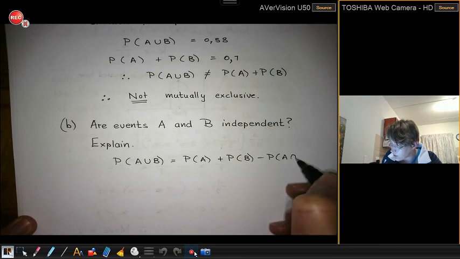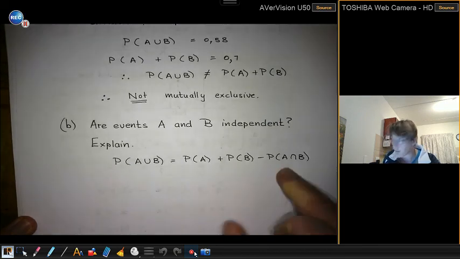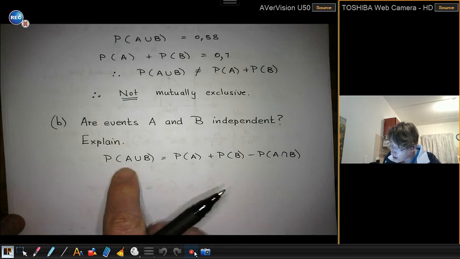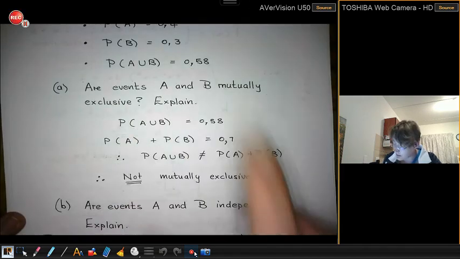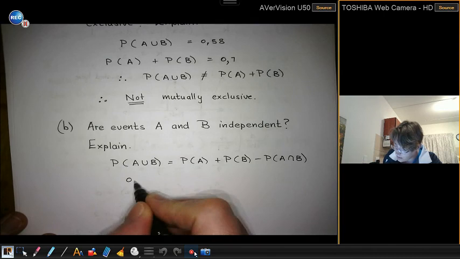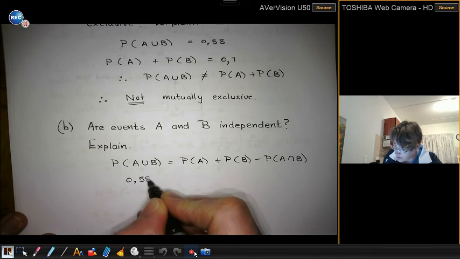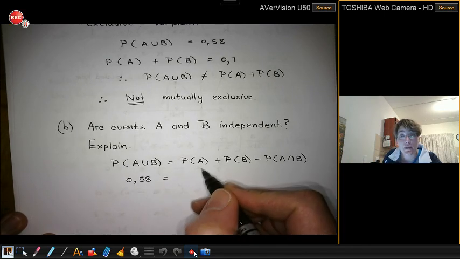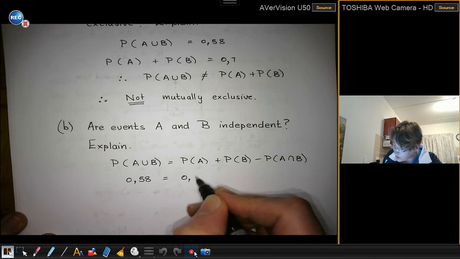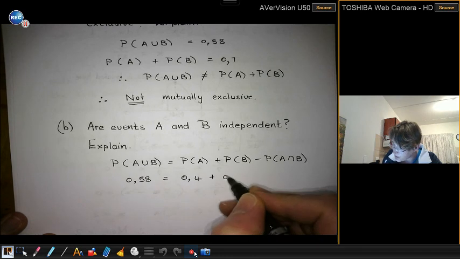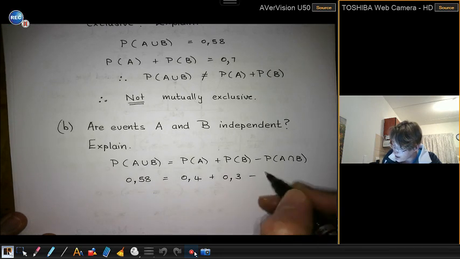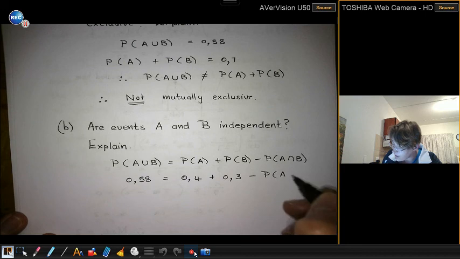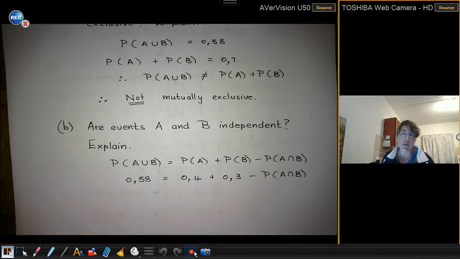So this is what I'm going to use to calculate that probability of A and B, because I've got the probability of A or B. It was given there as 0,58. Probability of A was given as 0,4. Probability of B was given as 0,3, which then allows me to work out the probability of A and B. By the way, whether the events are independent, whether they are mutually exclusive, it doesn't matter.